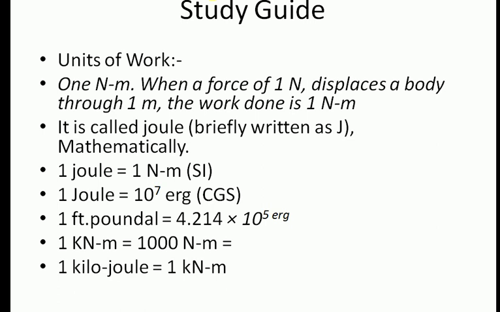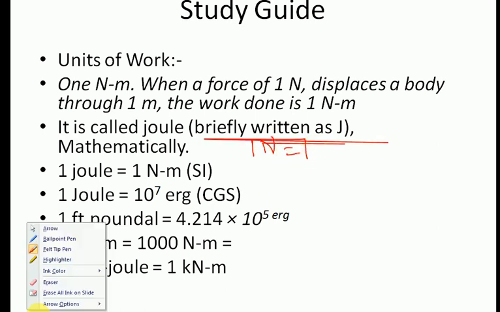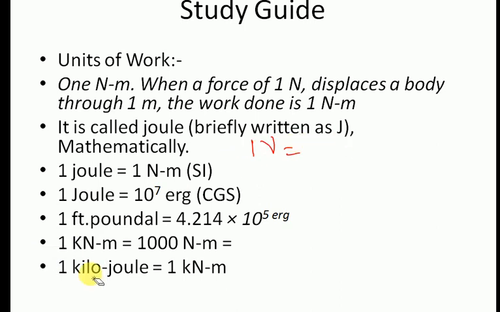Now, what is 1 joule? 1 Newton is equal to 10 to the power 5 dyne.